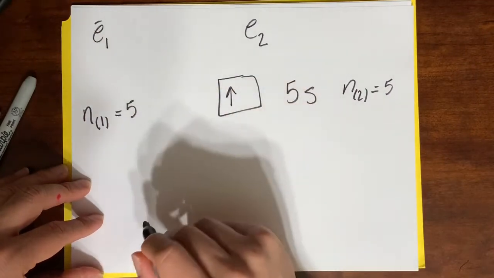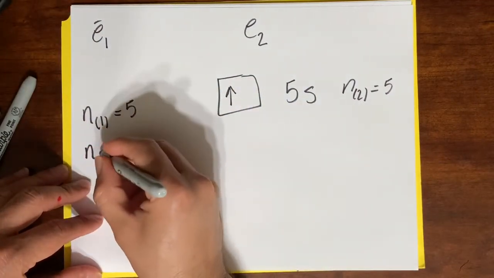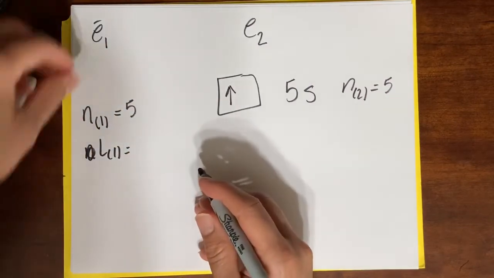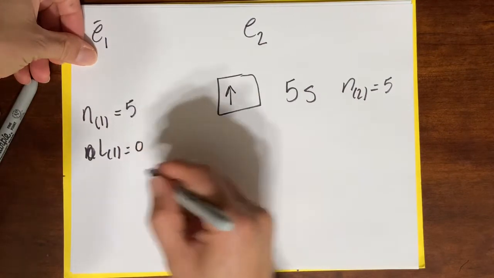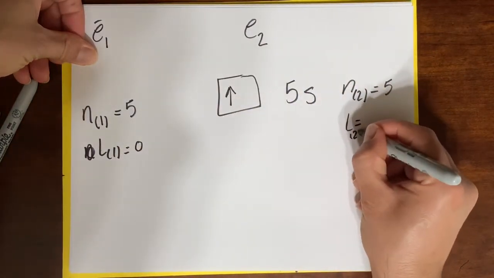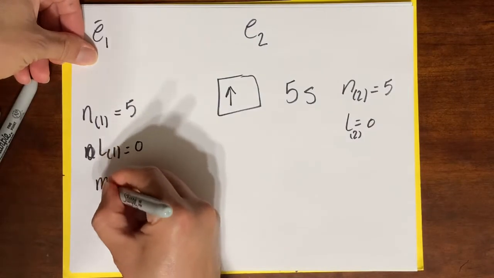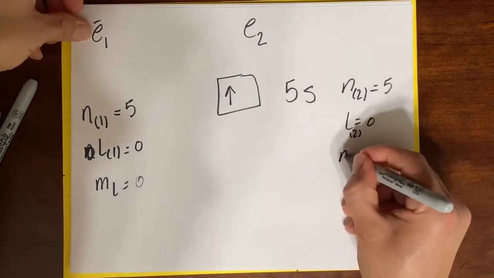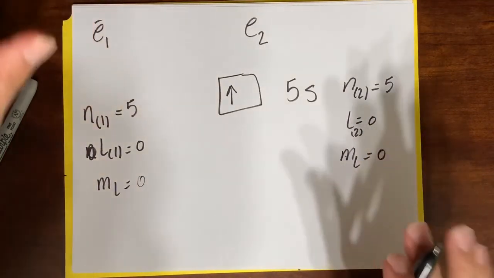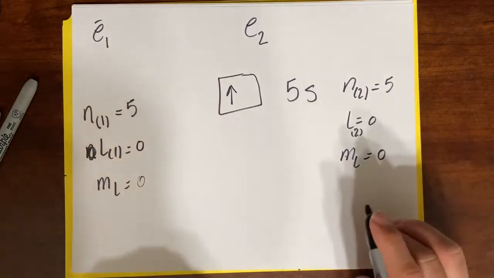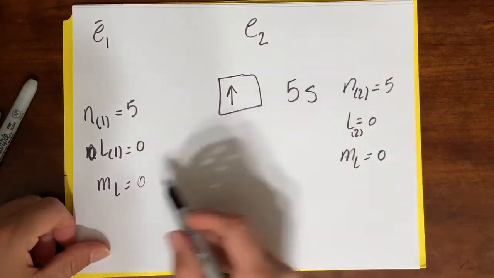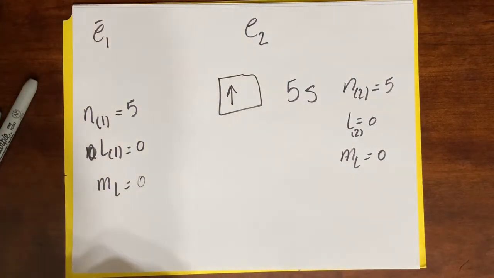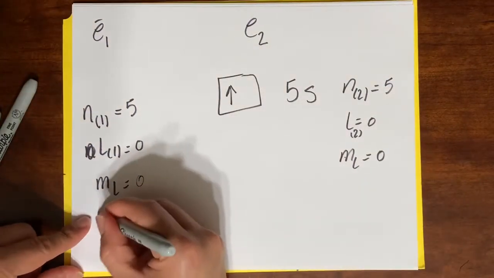Then what's the l? For electron number 1, because it's the s orbital, l will be 0. This one also will be 0. What's the possible answer for ml? Well, l is 0, so ml also will be 0. So till now, I have 3 identical quantum numbers: 5, 0, 0 for both. He said you cannot have 4 identical quantum numbers.